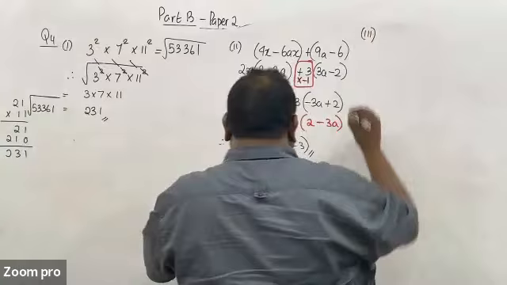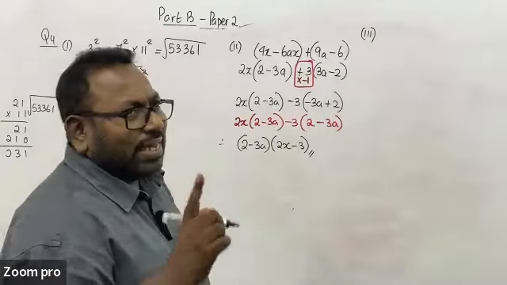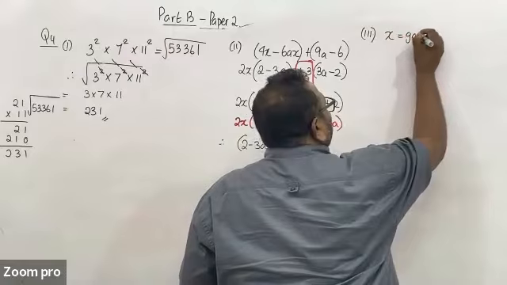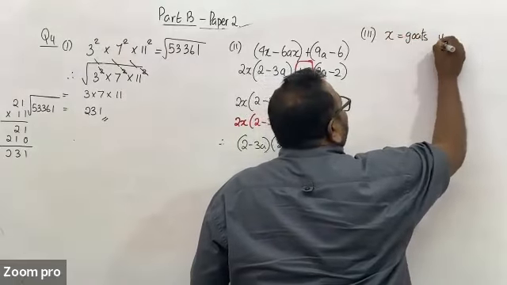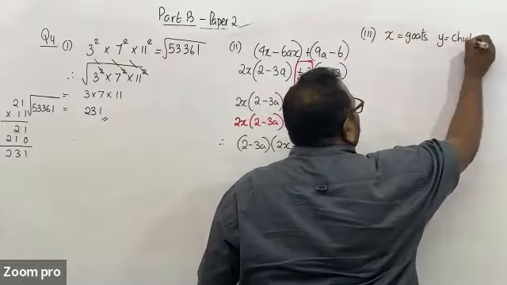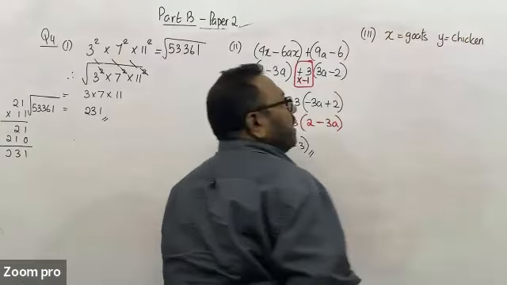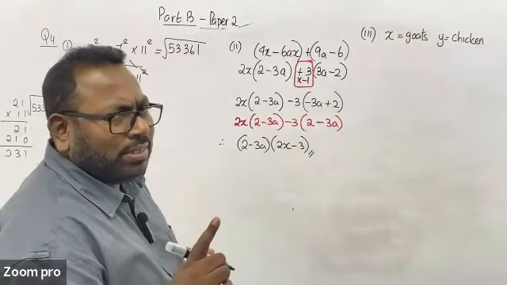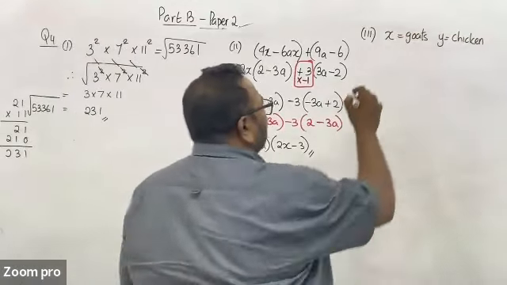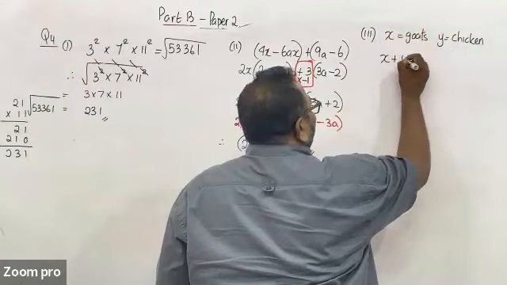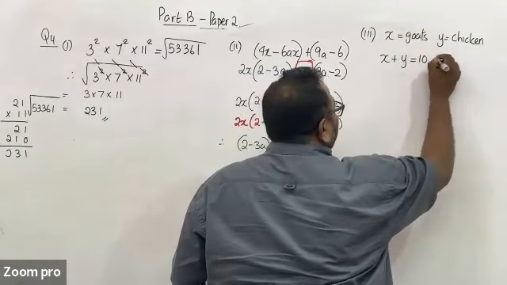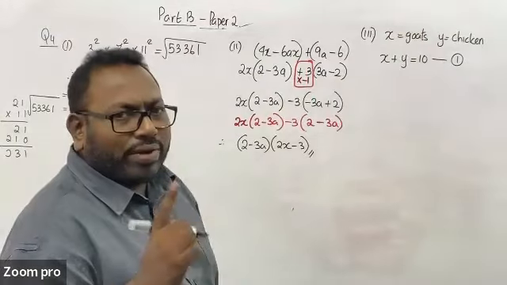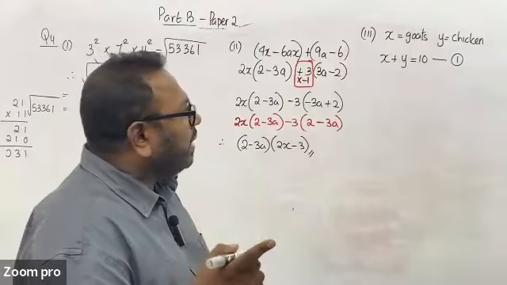Third one, what we are going to say is x is for goats and y is for chicken. Right? What are they saying? The total number of animals is 10. So that means x plus y is equal to 10. One equation. Then the total number of legs of these animals is how much? 28.